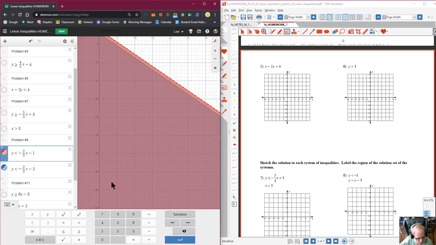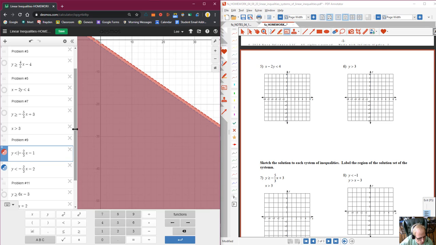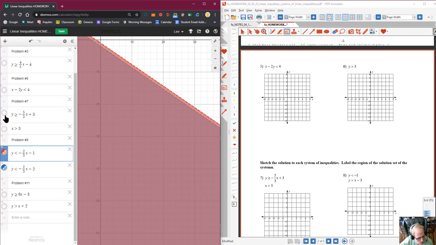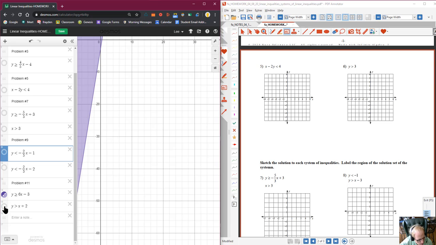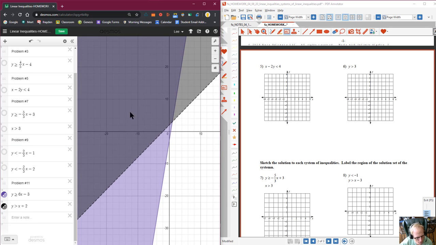However, that's not the way it is. It is actually this. So this region in here is the solution region. Okay, and then the last one is going to look like that, and then this would be the solution region in here, the dark purple.